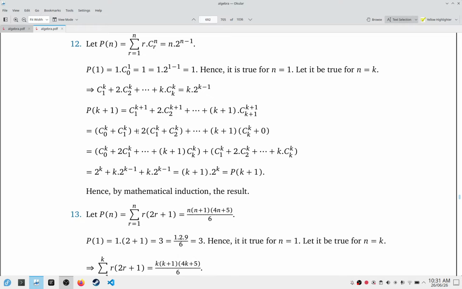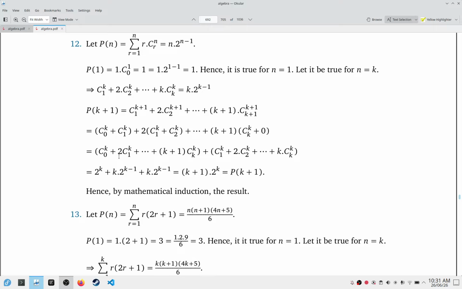Okay, let's revisit the problem a bit. We write this as kC0, kC1, 2 into kC1, kC2, and up to k plus 1, kCk plus 0. And then we write this as kC0 plus 2 kC1 up to kCk. Yeah, that is fine.